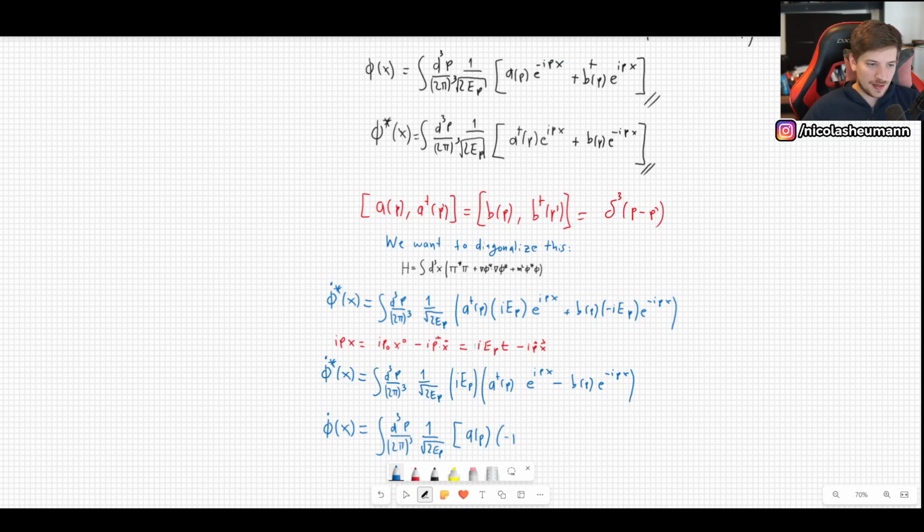So we get minus iE_p, and then we have plus b conjugate, or b dagger of p, and then we get iE_p. All right, that should be it. And of course, e to the, oh, I'm missing the exponentials. So this is e to the ip·x, and this one is e to the minus ip·x.